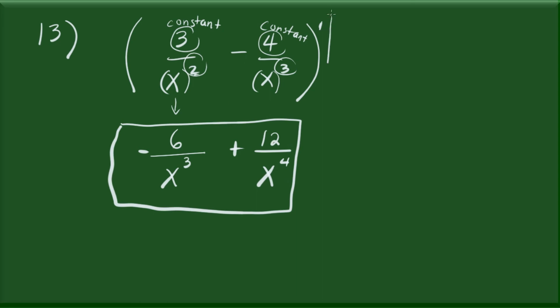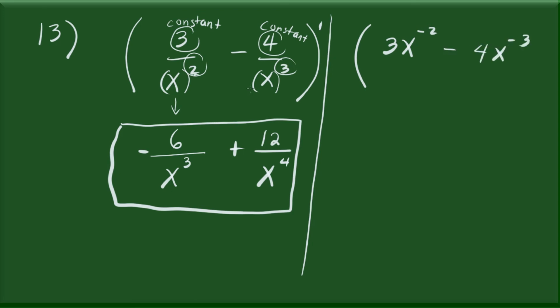If you don't apply the shortcut, it's going to be very lengthy, okay? Because you're going to rewrite this as 3x to the negative 2 minus 4x to the negative 3. You know what I did? I moved the x squared on top, moved the x cubed on top. That's how you rename it first, because you can only use the power rule when the base x is a numerator, okay?